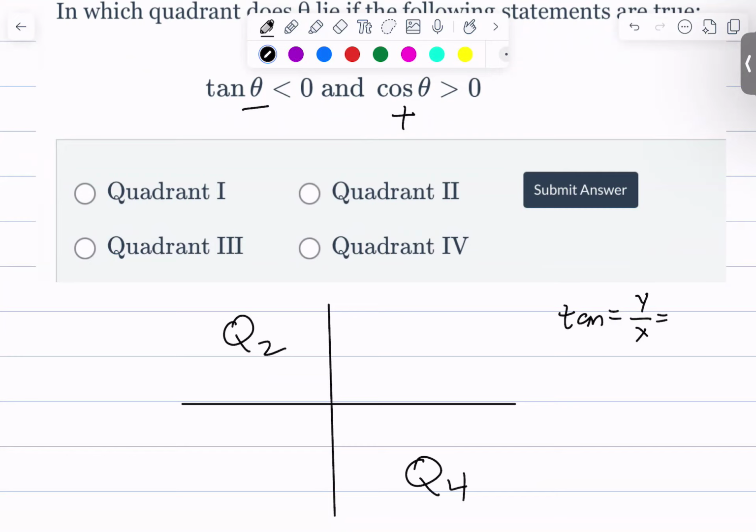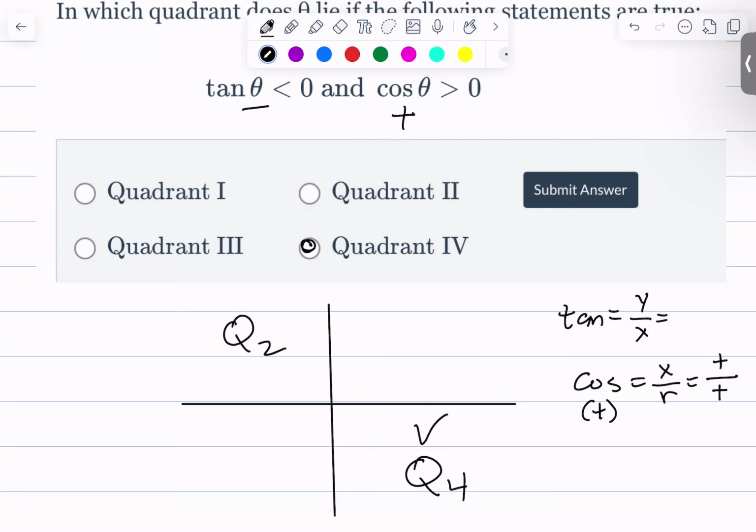Cosine being positive, cosine is x over r, and that needs to be positive, right? I know my r is always positive, so my x needs to be positive as well. So between these two guys, quadrant 2 and quadrant 4, where is my x positive? Quadrant 4.